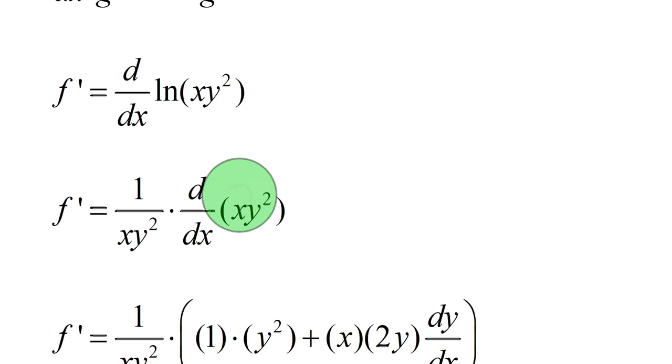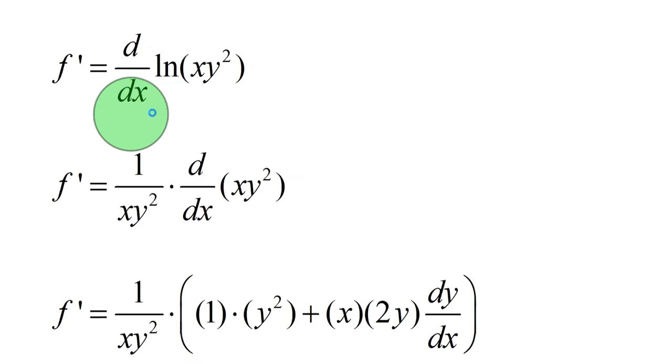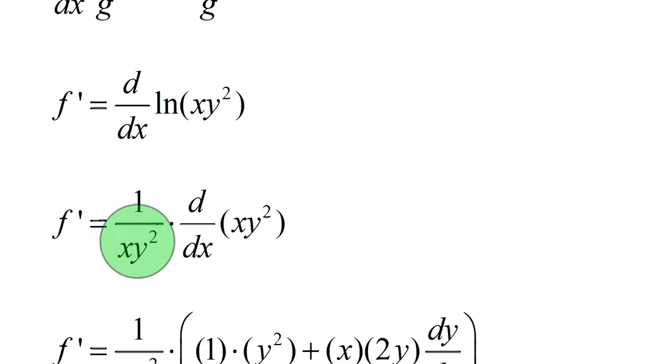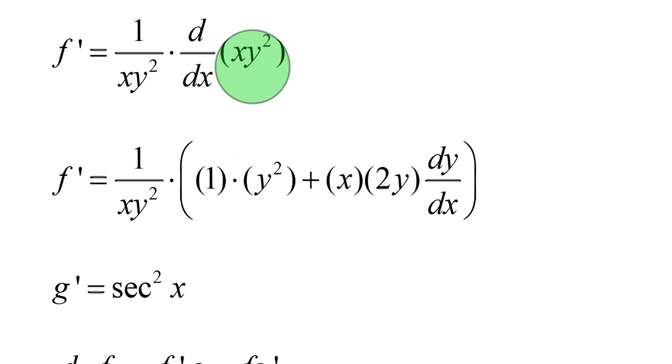So now we need to focus on what is the derivative of xy squared. Well, we're going to use the product rule to figure that out. So again, derivative of natural log of xy squared is 1 over xy squared times the derivative of the inside. To do that, we will use the product rule. So it will be, again, f prime g plus fg prime. Let's use some different colors here. So within our parentheses, this will be our f, the x.